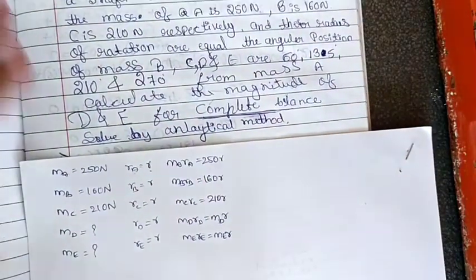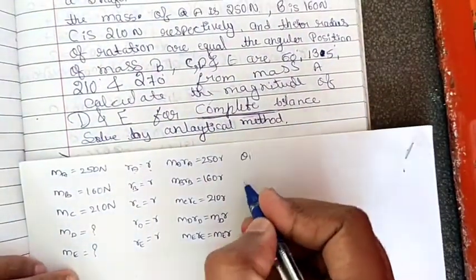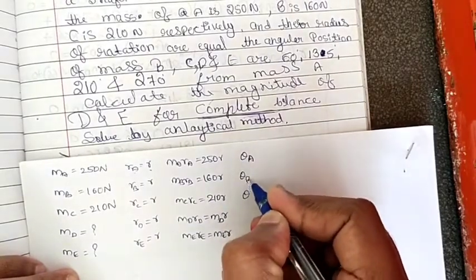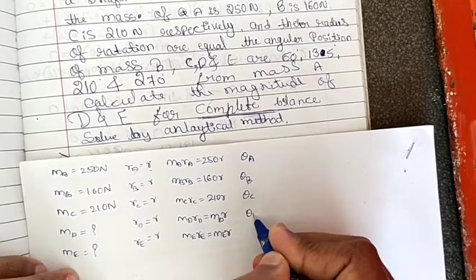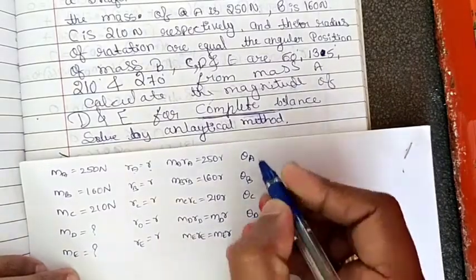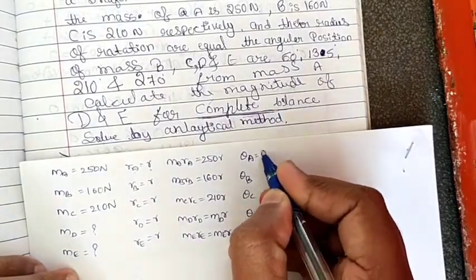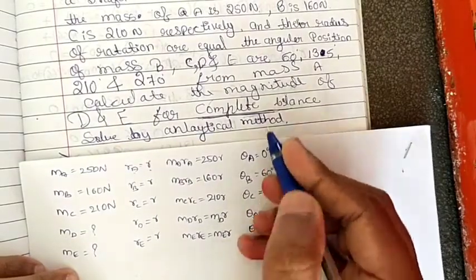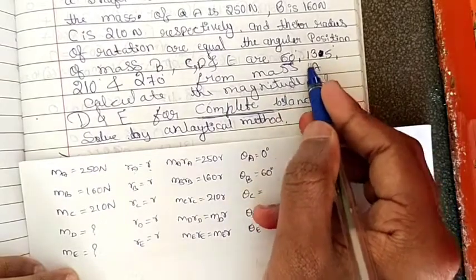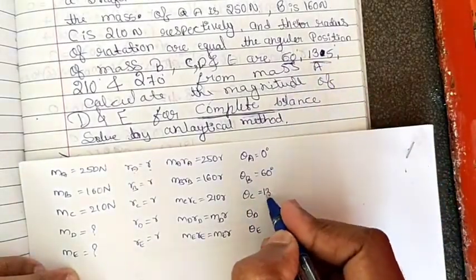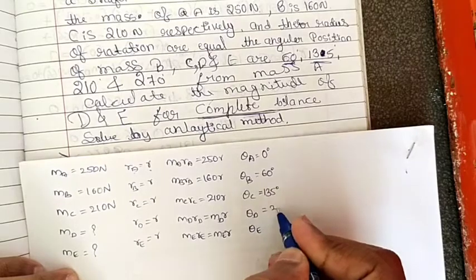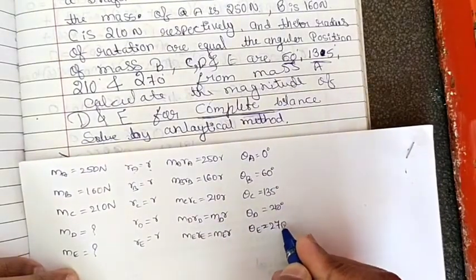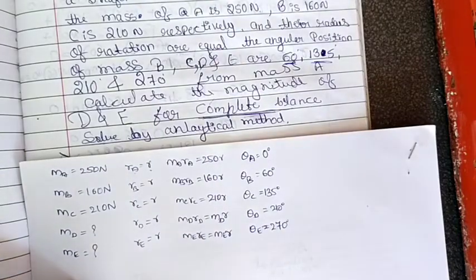Now the angles theta A, theta B, theta C, theta D and theta E are given. Theta A will always be 0 degrees. Theta B is 60 degrees, then 135 degrees, then 210 degrees, and the last is 270 degrees.